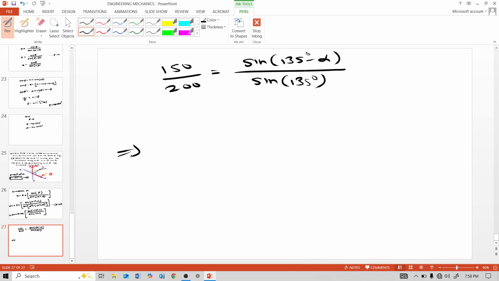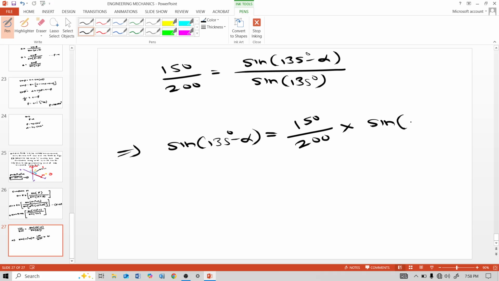So sine of 135 degree minus alpha is equal to 150 upon 200 into sine of 135 degree. Solve this with the help of an engineering calculator. This 150 into sine of 135 degree divided by 200 is 0.5303.